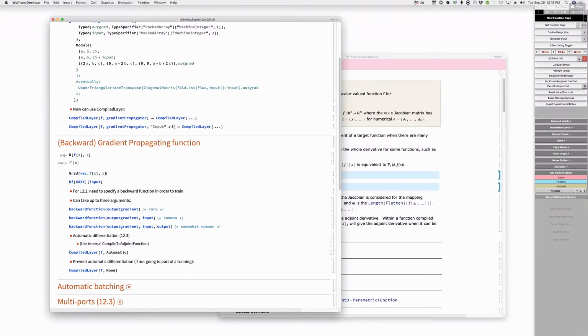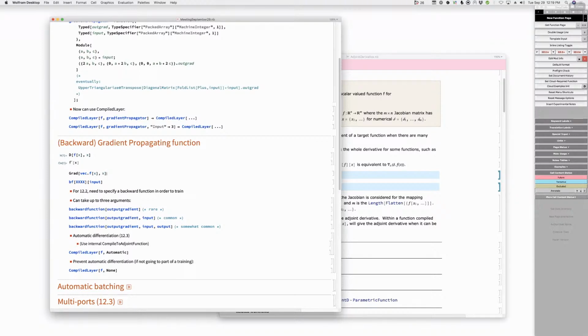And so you start from the top of the network, just the loss, and then step by step compute the derivative of the loss with respect to one layer. And then to obtain the derivative of the loss with respect to another layer, you apply the backward function, what we call the gradient propagating function, to the derivative with respect to layer n to obtain the derivative with respect to layer n-1.